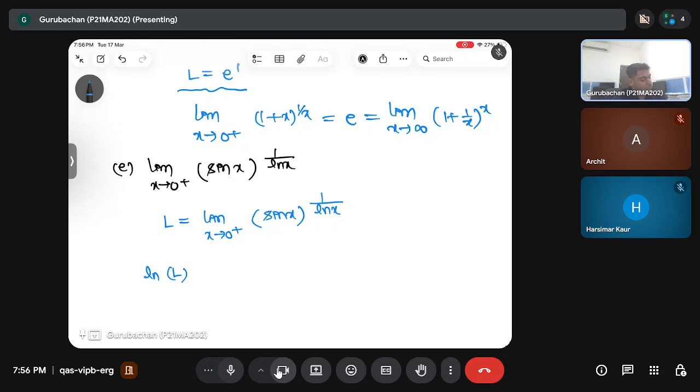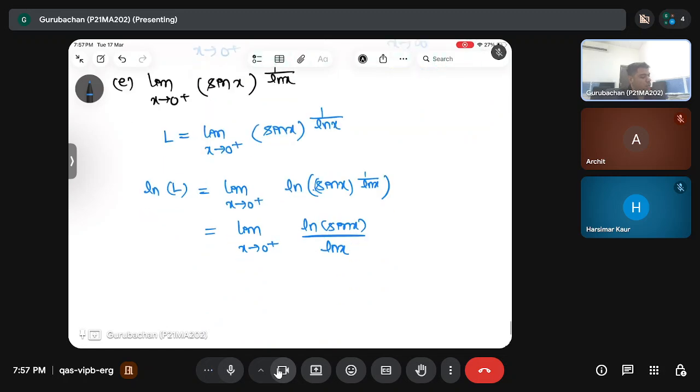So we'll try to approach like this: ln of sine x to the power 1 by ln x. So this will be ln sine x divided by ln x. Which kind of form is it looking like now? Infinite upon infinite.